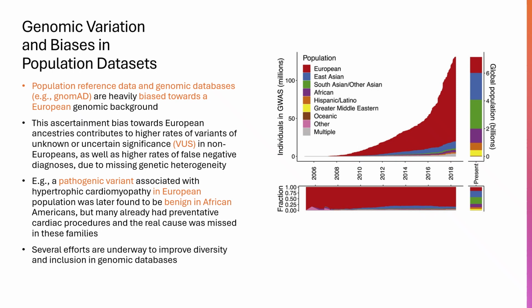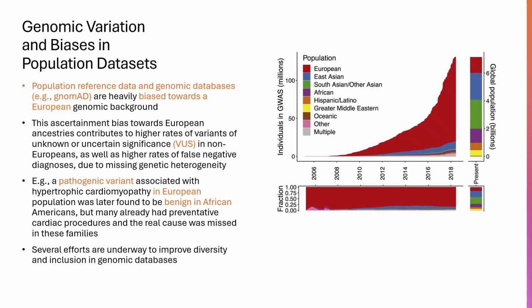There was a pathogenic variant associated with hypertrophic cardiomyopathy in the European population. But then there were people of African American origin who ended up having the same genetic test, because there were some cardiac problems in their families as well. And they were told that this can actually cause heart problems in their families. So many of them ended up having preventative cardiac procedures if they had this gene variant.